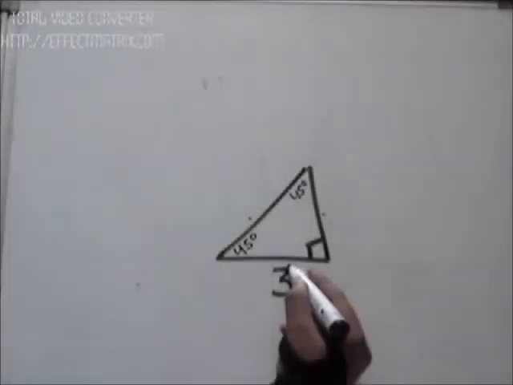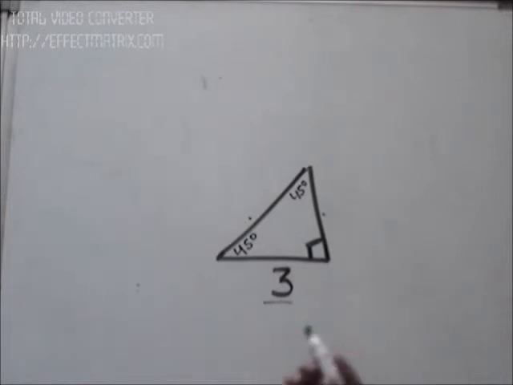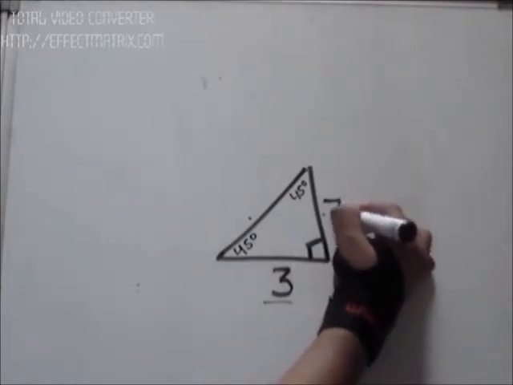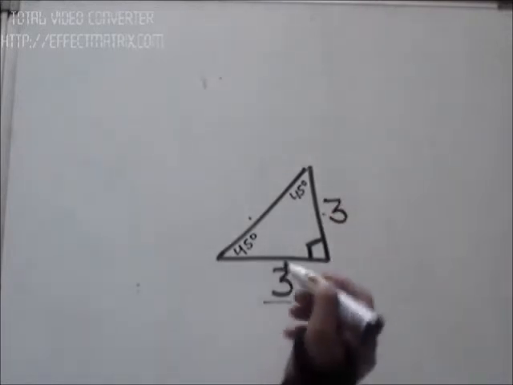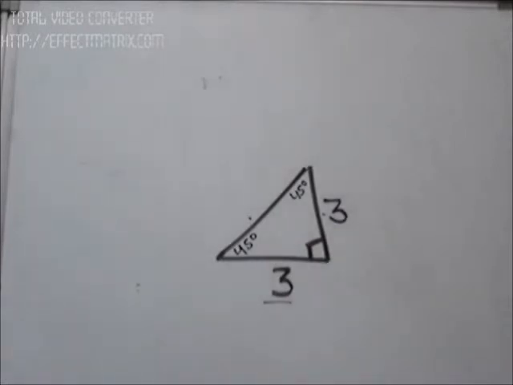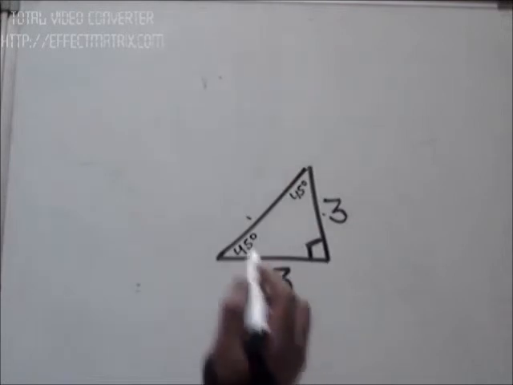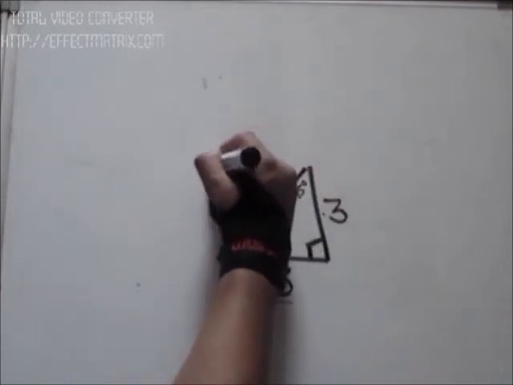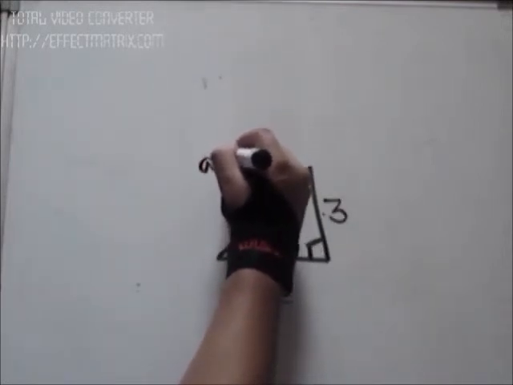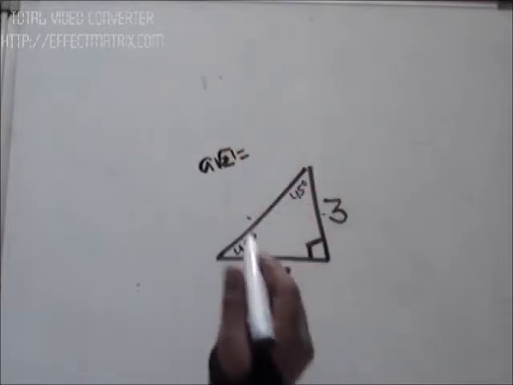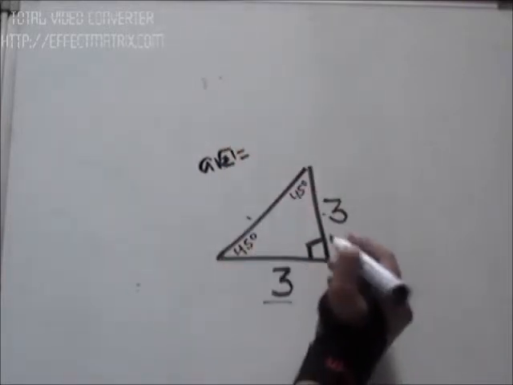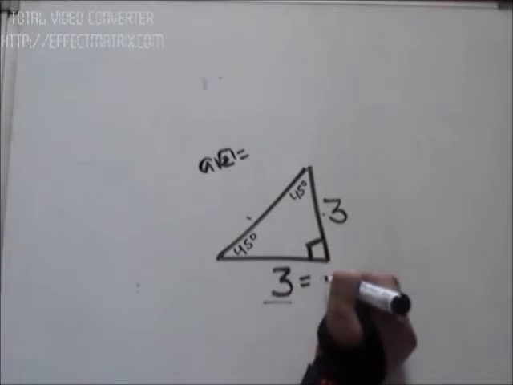So this side length being 3, we only copy it here. As for these two sides, they are the same exact length, they are congruent. Now the hypotenuse. Well, we use the formula: A times the square root of 2 is equal to the hypotenuse. In this case, A will be the side length.